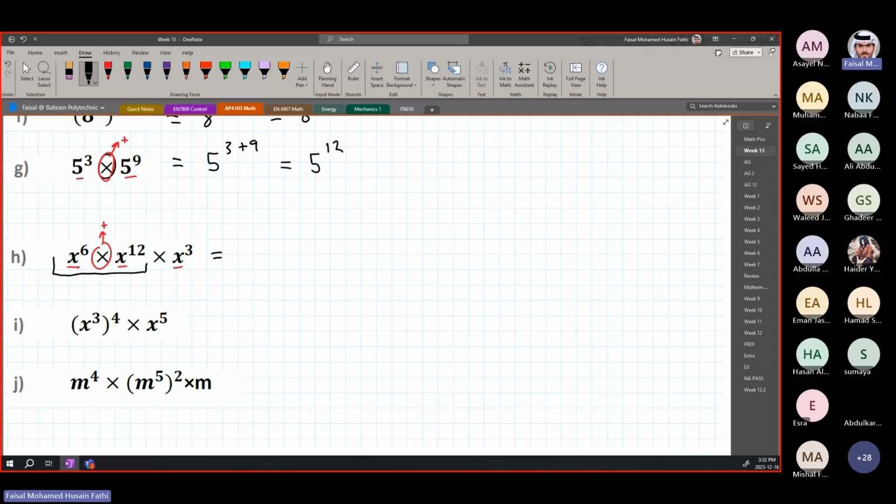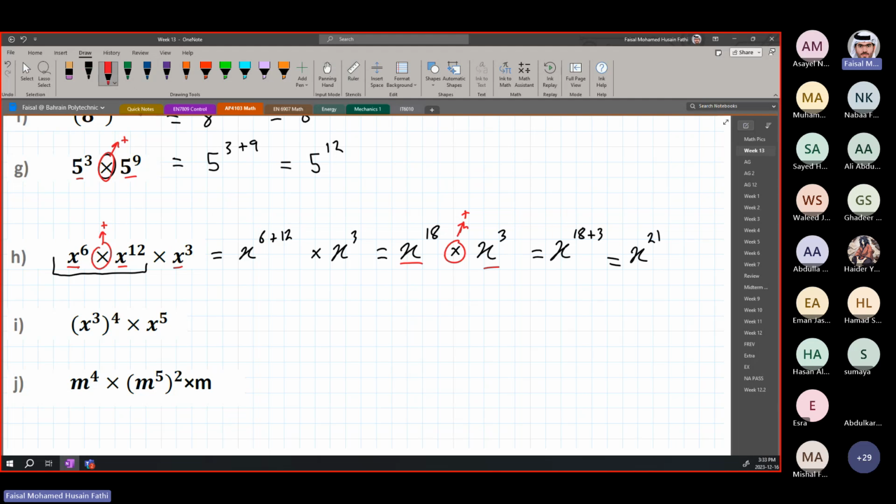So x to the power of 6 plus 12, all of this times x to the power of 3. You can simply rewrite this as x to the power of 18 times x to the power of 3. Again, we have multiplication and the same base, so this is going to be addition between them. This is simply equal to x to the power of 18 plus 3, which is x to the power of 21.